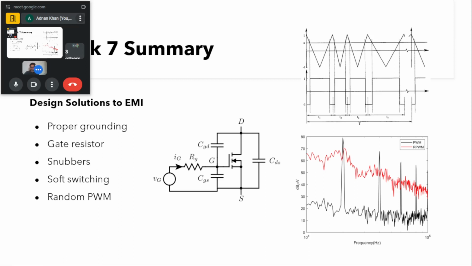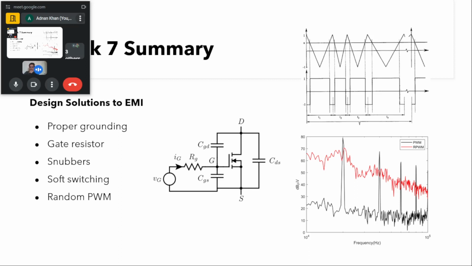which can also help in reducing this EMI problem. The other thing that we'll see in the question is soft switching. What happens in soft switching is that usually we change the voltage level or current level from one level to another, usually from 0 to a very high level.